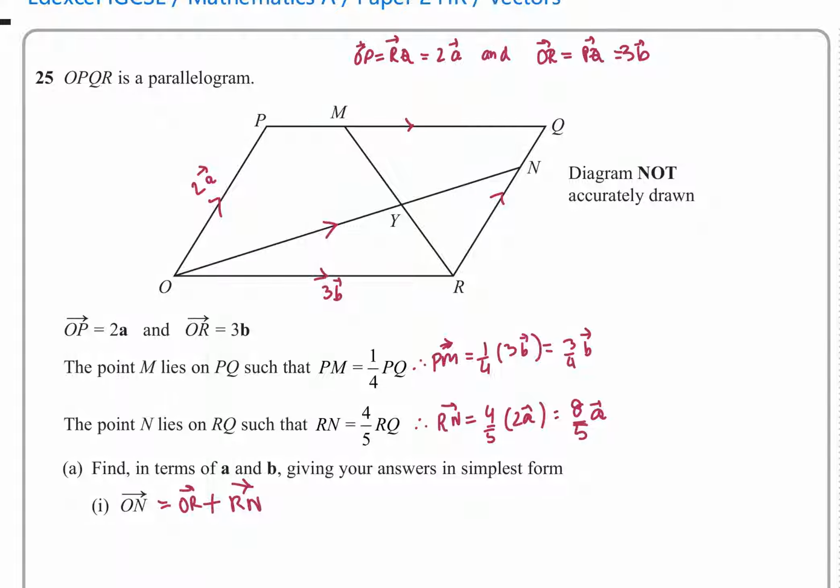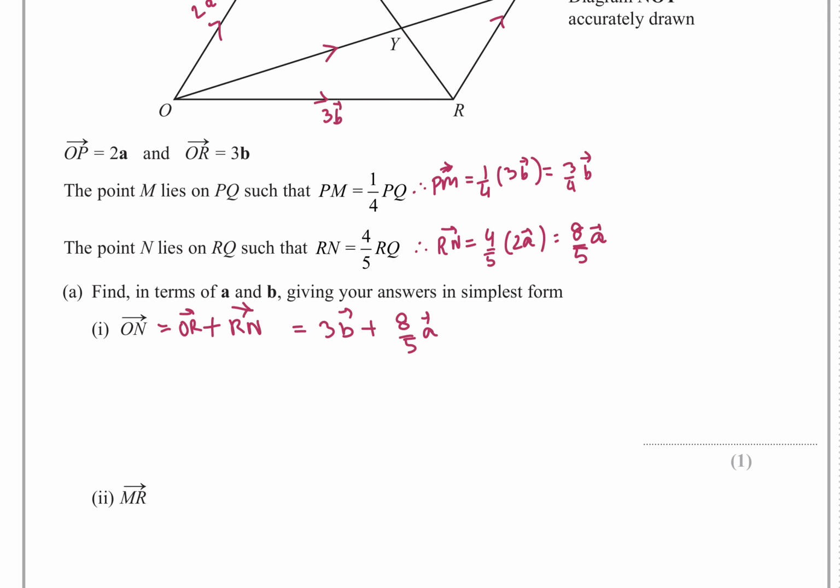We know what OR is, 3B, plus RN, which we just found out is 8/5 A. And that's it really, that's the answer. We write A first, so 8/5 A plus 3B.